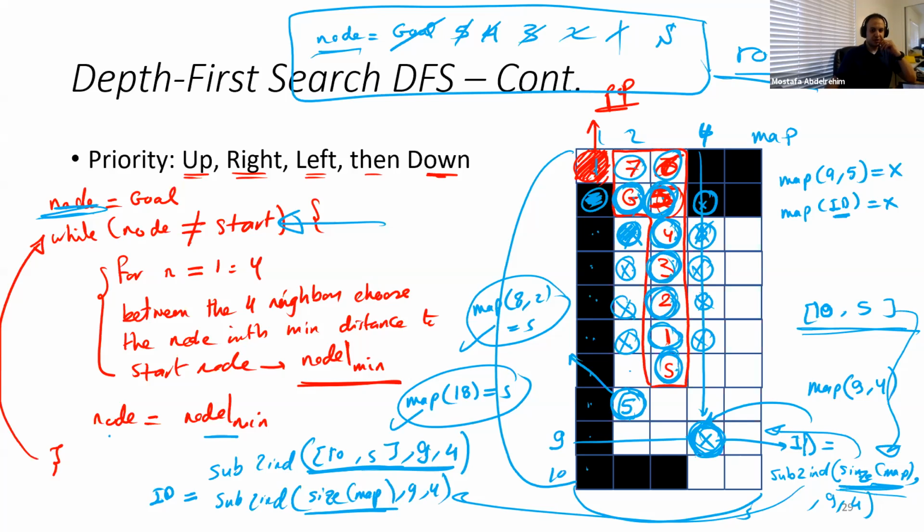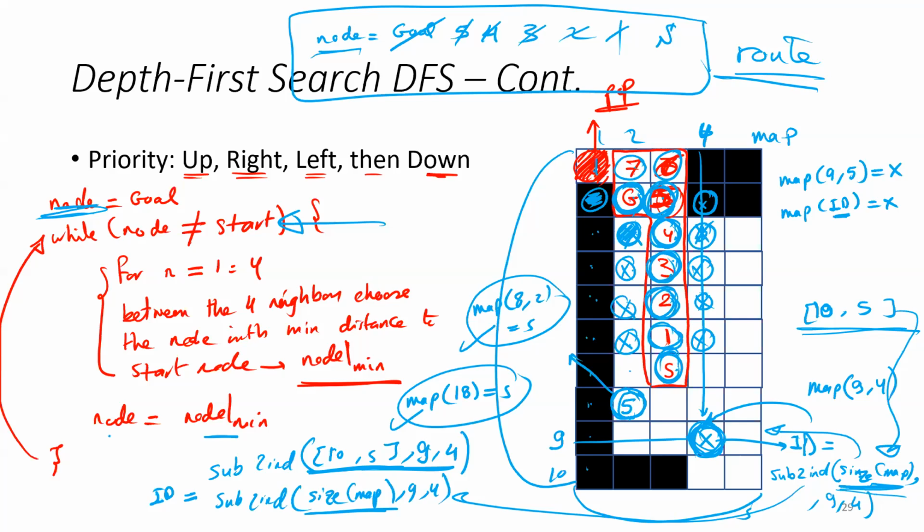Any other question? For your while loop, it says node, when node does not equal to start. That's comparing the indexes of the node and the start, right? Yes, the ID.